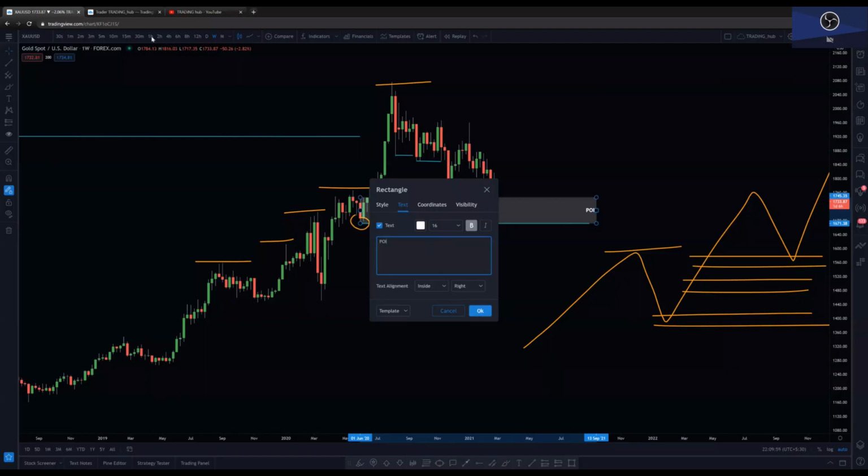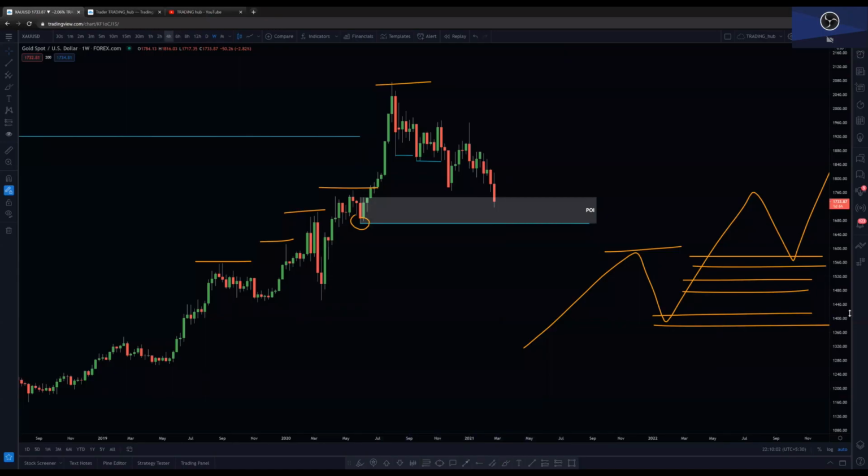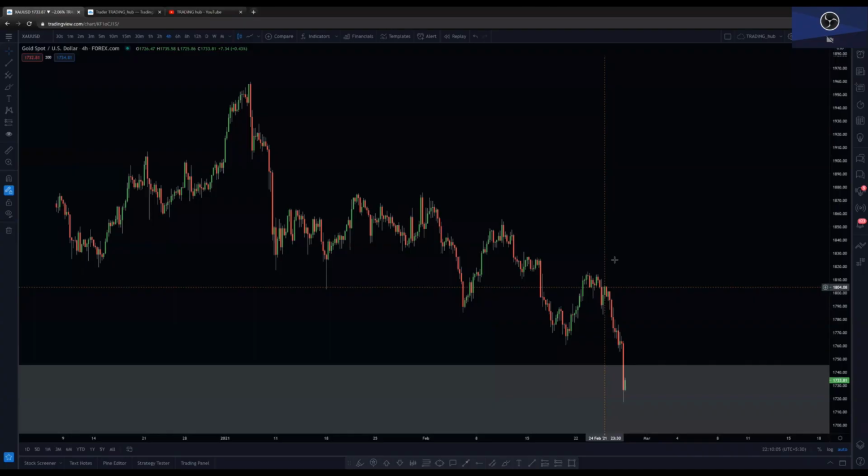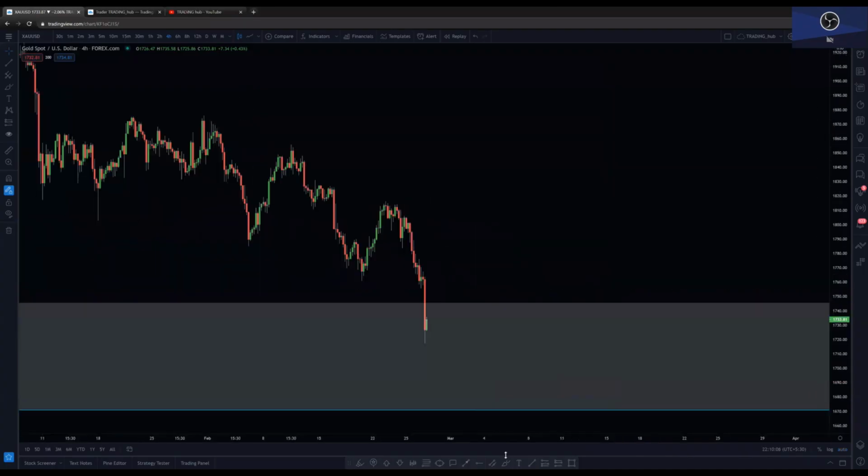Now move to the 4 hour time frame. The 4 hour time frame is bearish, but the higher time frame is trading on the POI zone. This one is a recent swing low and this one is a swing high. When the market came back here and broke this high, this one is called a break of structure in the H4 time frame.